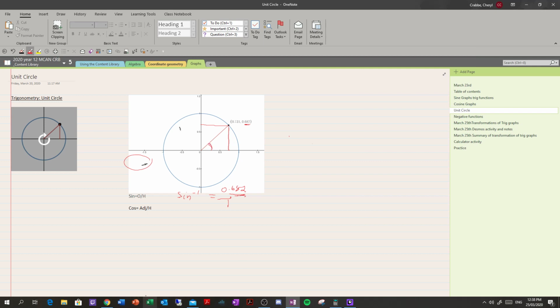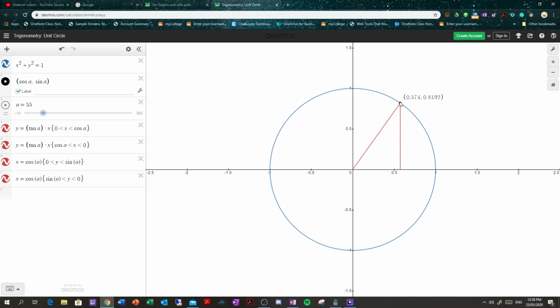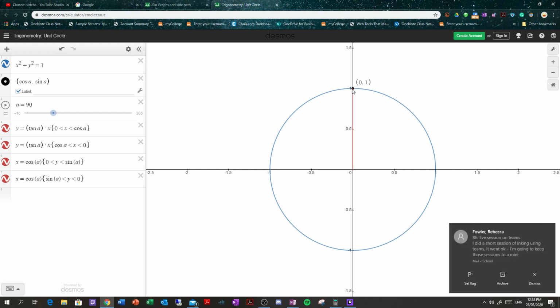Now, if I move my angle through the unit circle and get to 90 degrees right here, the sine, opposite over hypotenuse, is just going to be 1, because that distance there is basically 1 over 1.